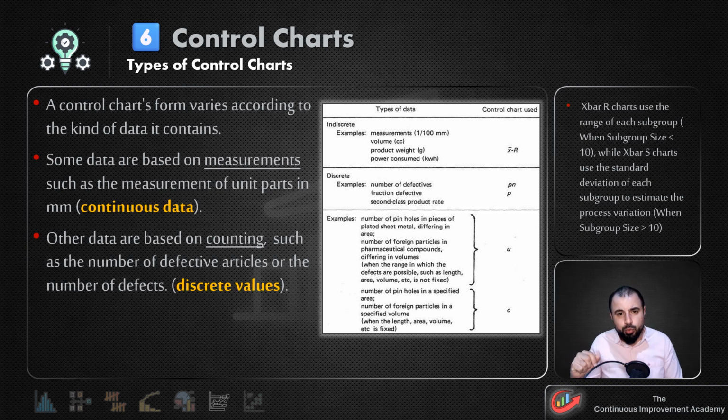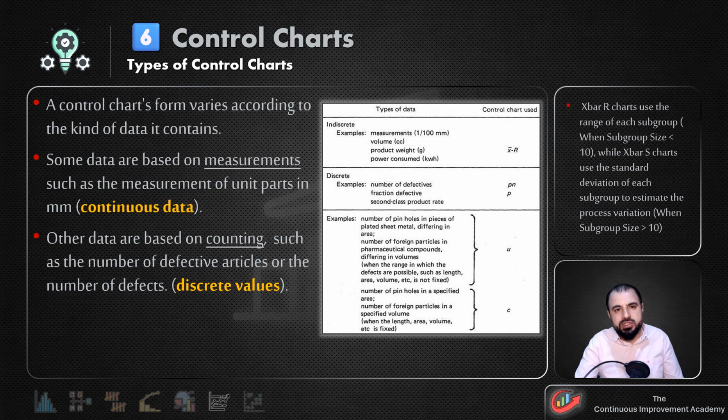So the C chart would control and monitor the count of defects or non-conformities per unit or item, and the U chart would serve a similar purpose when we have a varying sample size. We will talk about the difference between the two in the C and U chart demonstration.